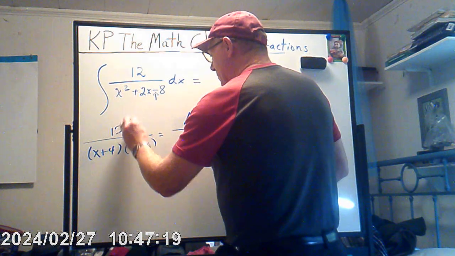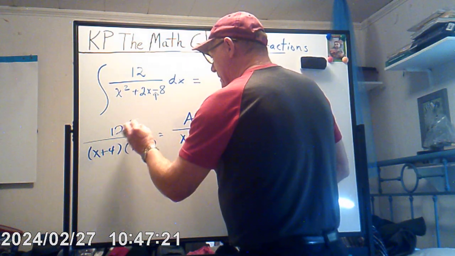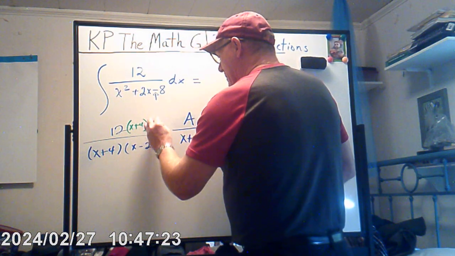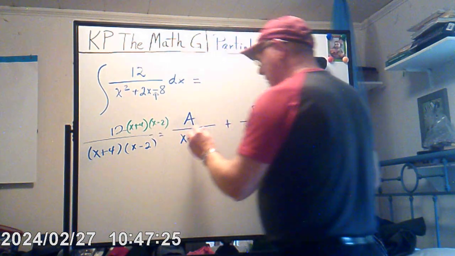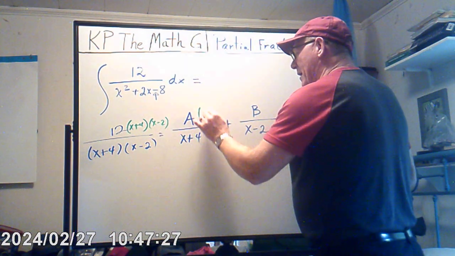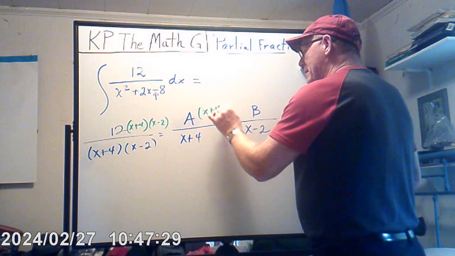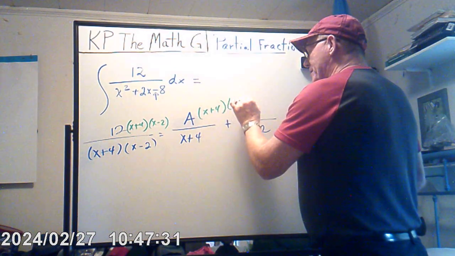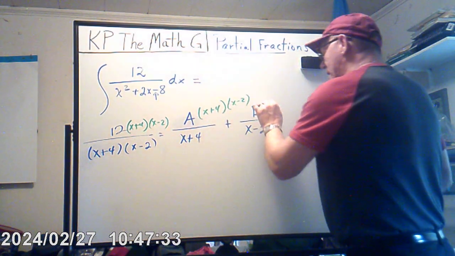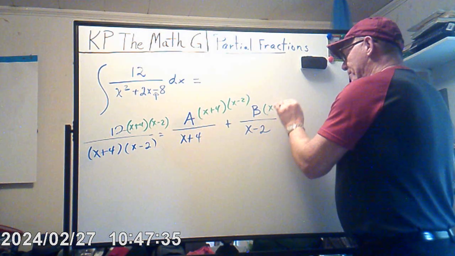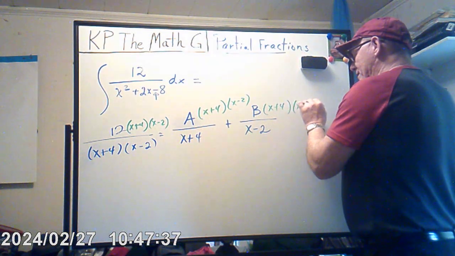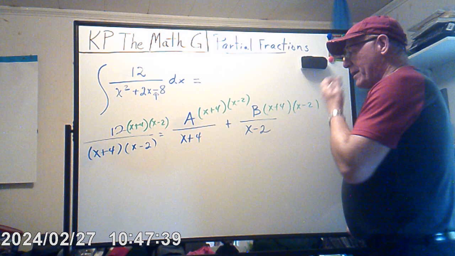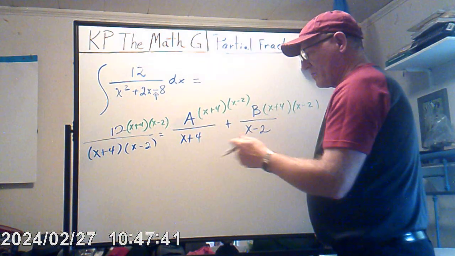If I multiply this term by x plus 4 times x minus 2, and this term by x plus 4 times x minus 2, and then this term by x plus 4 times x minus 2, I notice I can start dividing out.